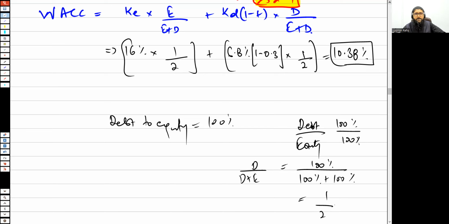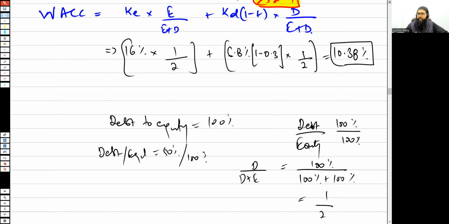Okay. What if it was the other way around? What would it have been if it was equity to debt? Usually you get the debt to equity ratio, right? So let's say the debt to equity ratio is 50%. What does it mean? This means 50 upon 100.